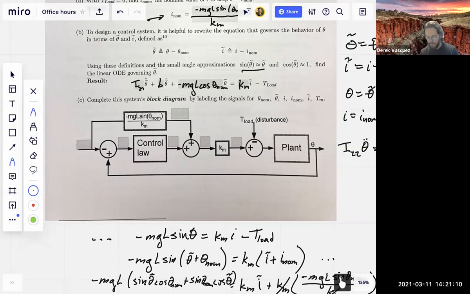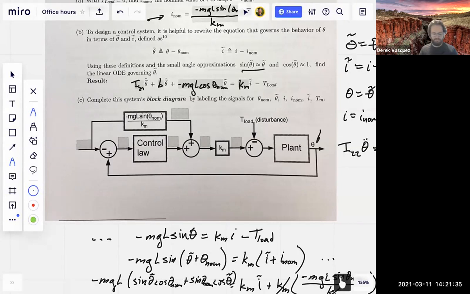Perfect. So block diagrams are going to have at least one input signal and at least one output signal. And signals are just numbers. So here you can see that the output signal is theta. The thing coming out is going to be theta. It's going to be a number.